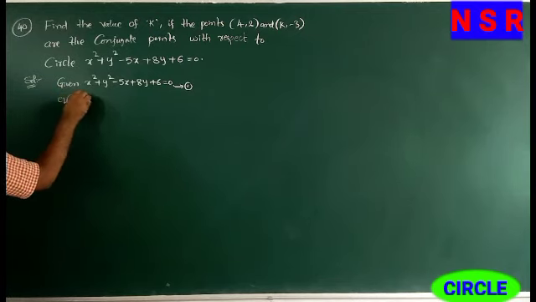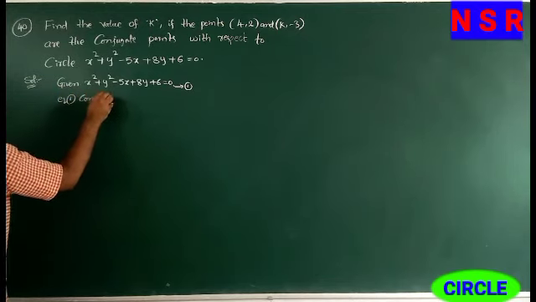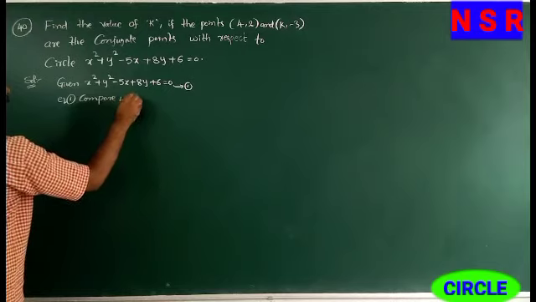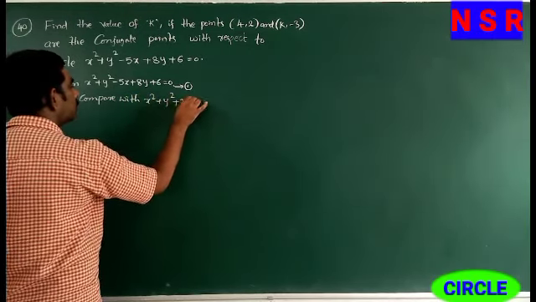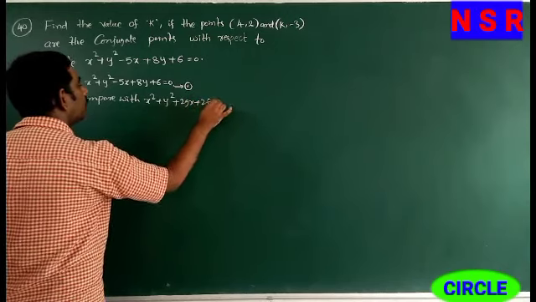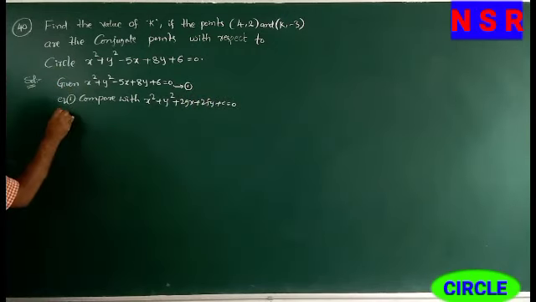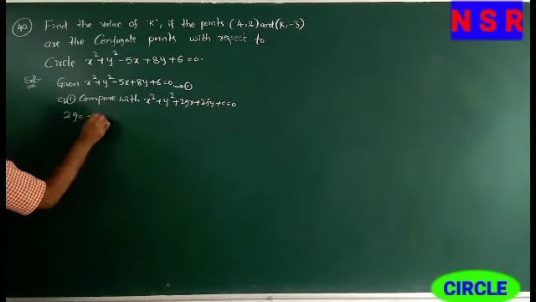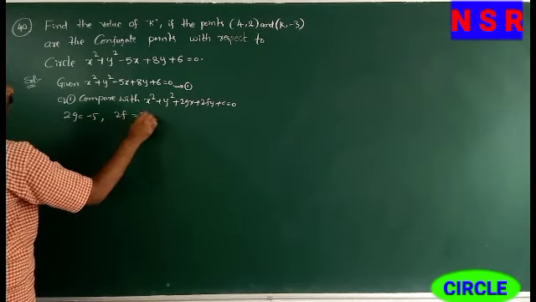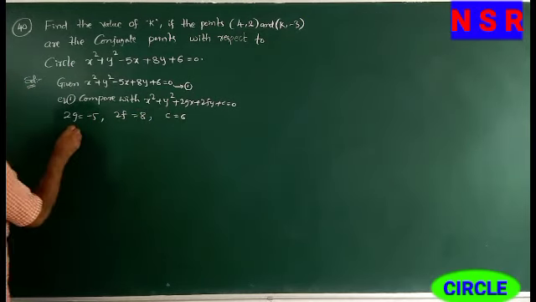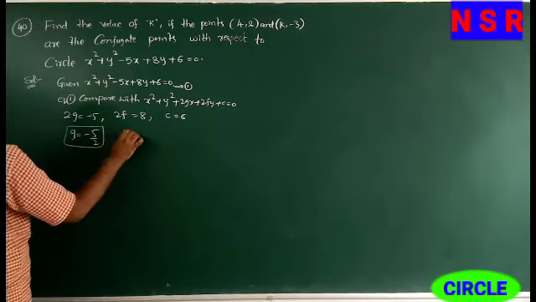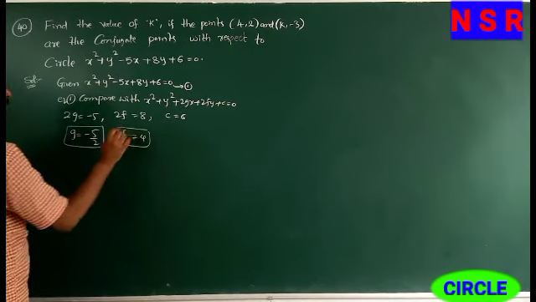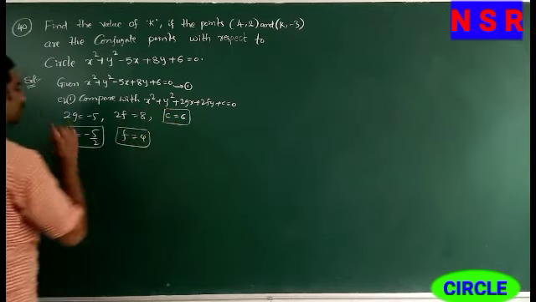Compare equation 1 with x² + y² + 2gx + 2fy + c = 0. Now 2g = -5, 2f = 8 and c = 6. So g = -5/2, f = 4 and c = 6.